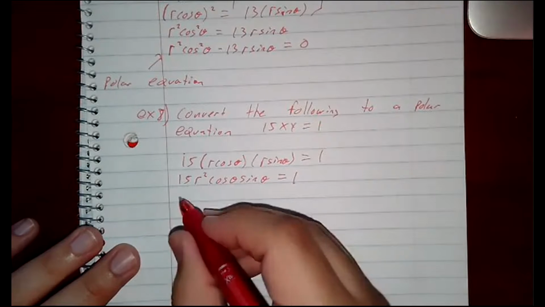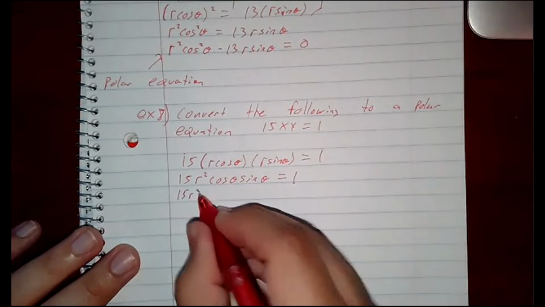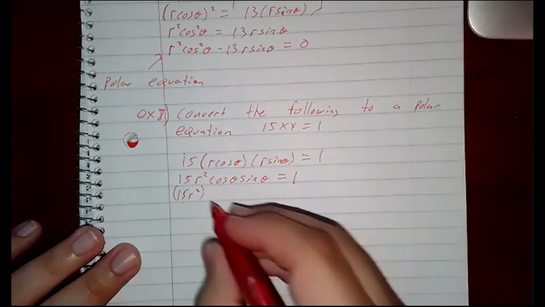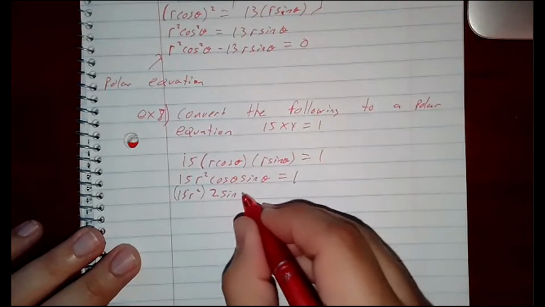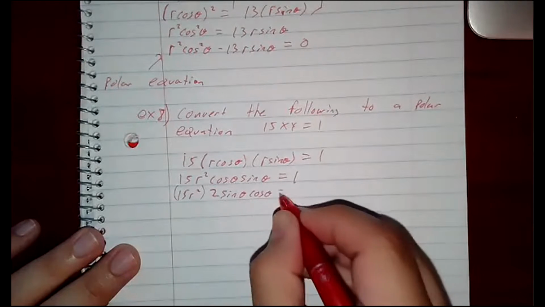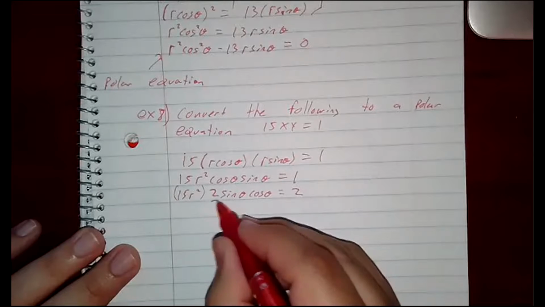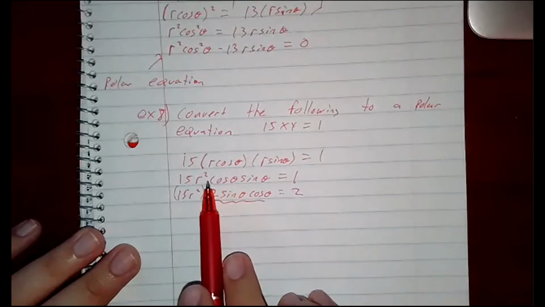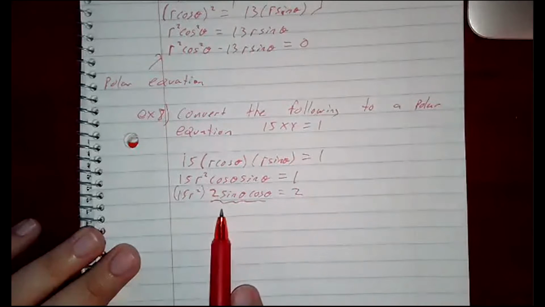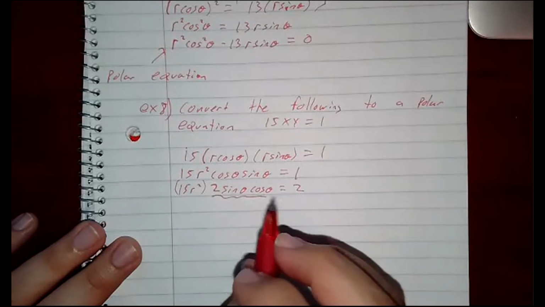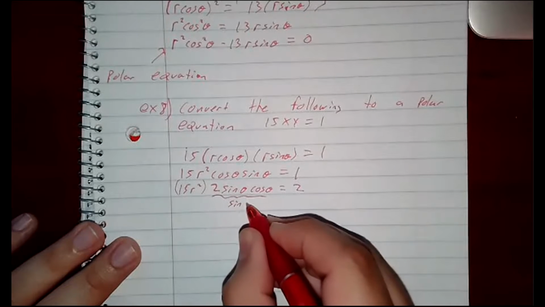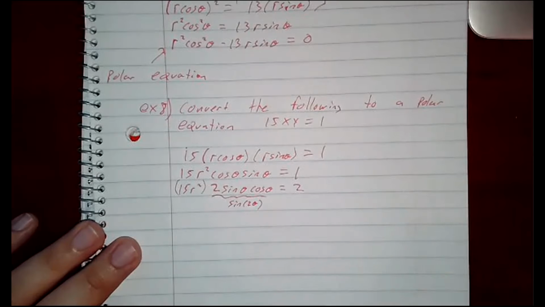I could multiply both sides by 2 and rearrange this so it's more obvious to you. I multiply this by 2 and this by 2. Do you see what I did there? So I can change this into sine 2 theta.